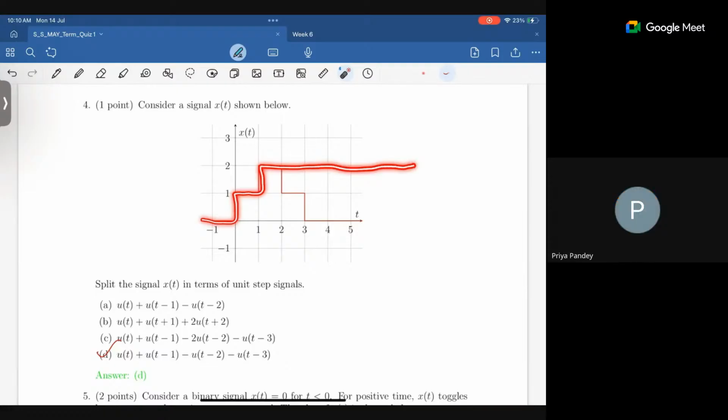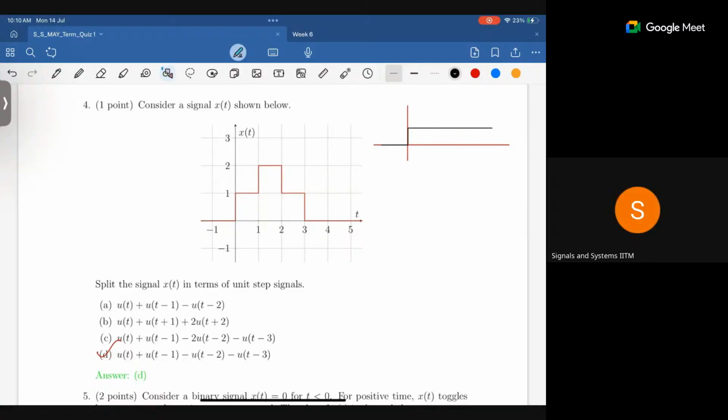Okay. So what is u of t minus 1? How will this add to 2? I'm not getting this. So you have one signal u of t like this, and you have another signal u of t minus 1 like this, correct?